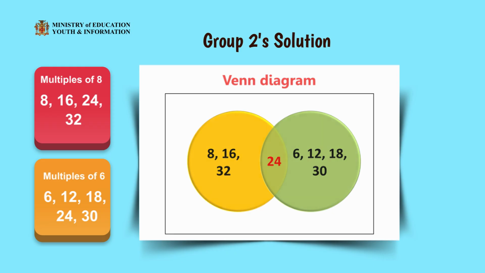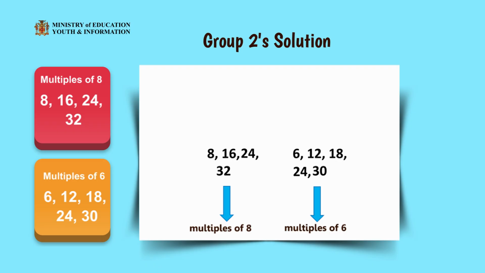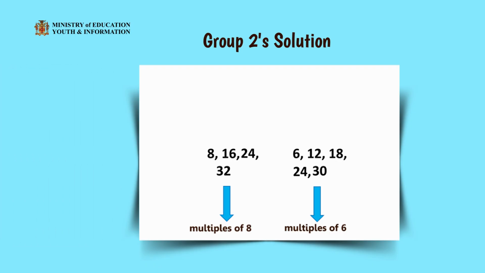The multiples of 8 were 8, 16, 24, 32, and the multiples of 6 were 6, 12, 18, 24, and 30. They then identified the common multiples of 8 and 6, which is 24.